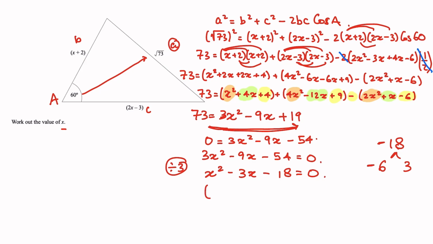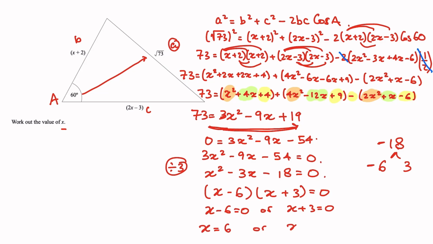So if you rewrite in brackets, that will be x minus 6, x plus 3 is equal to 0. So therefore, we can do x minus 6 is equal to 0, or x plus 3 is equal to 0. So we get x is equal to 6, or x is equal to minus 3.